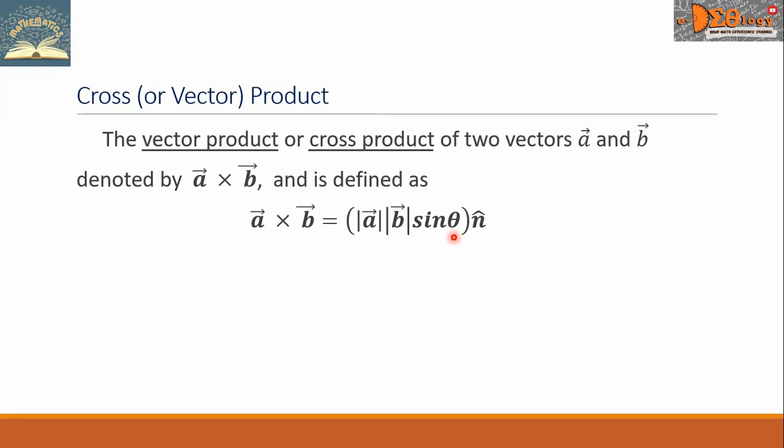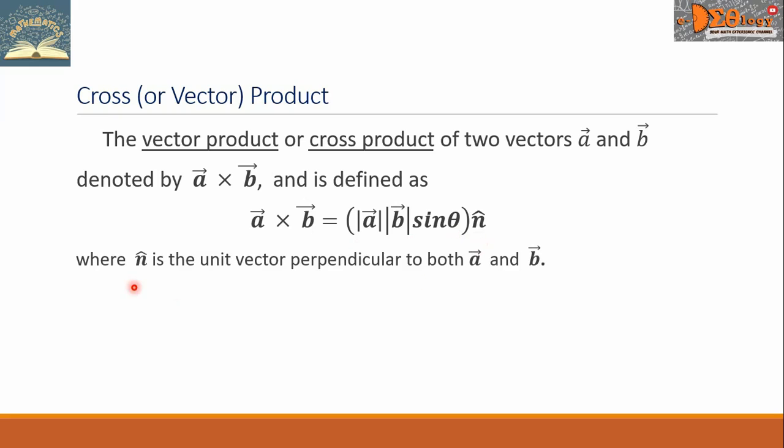This theta is the angle between the two vectors, and this quantity is multiplied by a component n, where this component n is the unit vector perpendicular to both A and B.